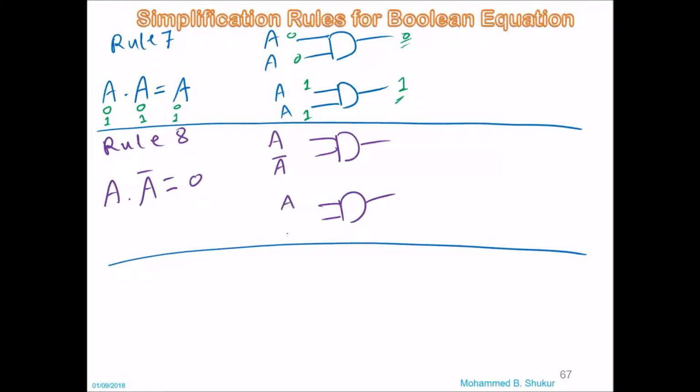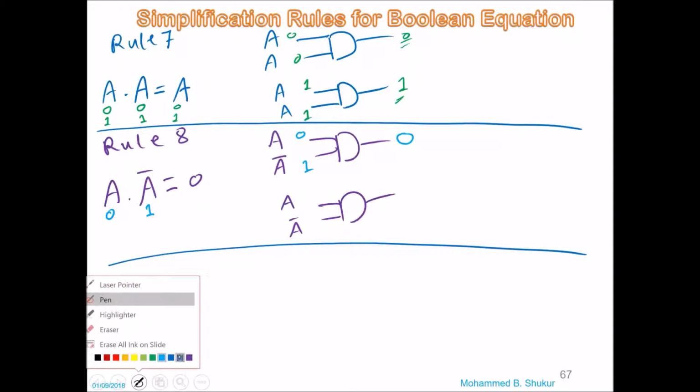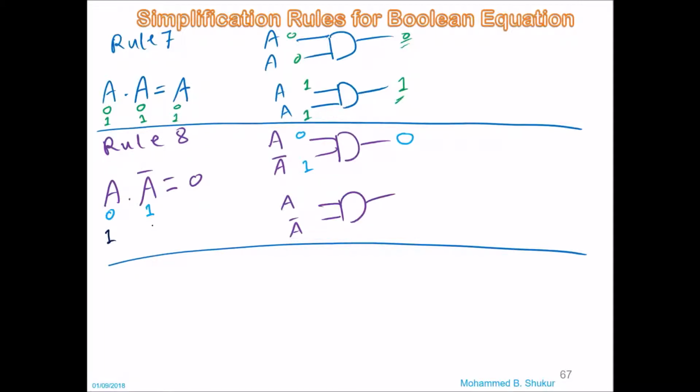Now I suppose the input A equal to 0 and A bar equal to 1, because A bar is the inverse of A. So I have 0, 1, and the output of 0 and 1 is always equal to 0. And when the input A equal to 1, so A bar equal to 0. So I have 1, 0, and the output equal to 0. So we can see the output always equal to 0.